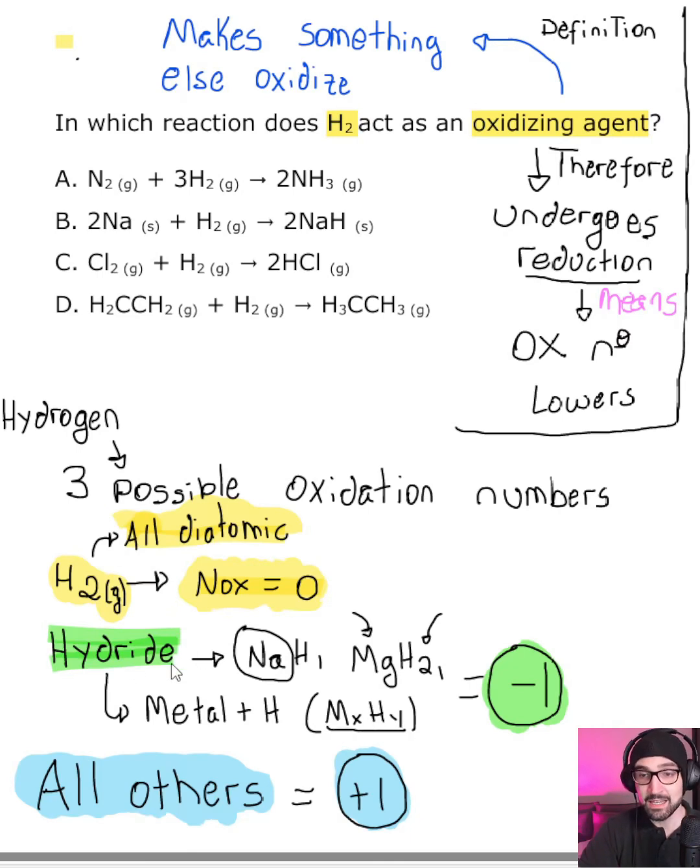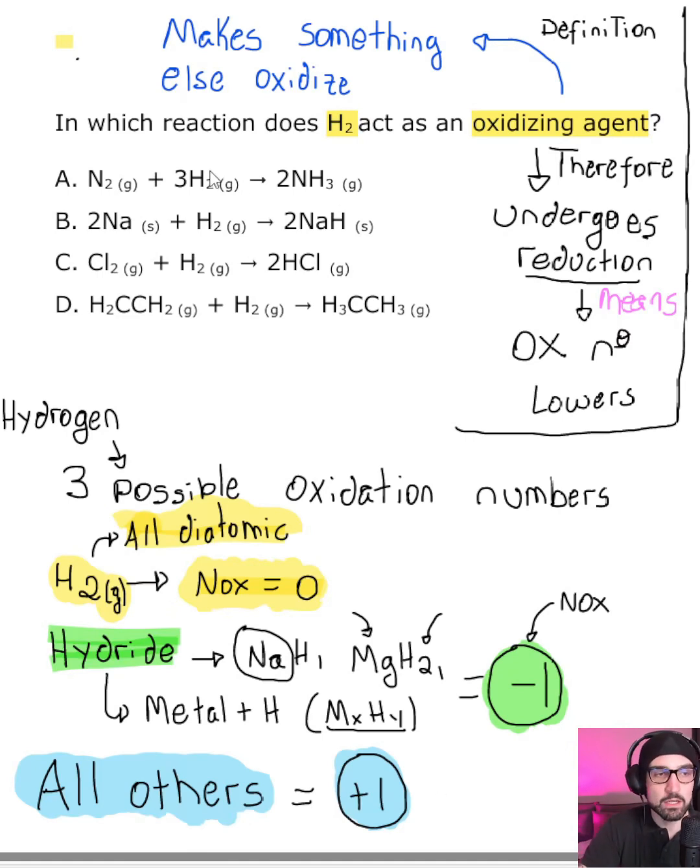In this case, hydrogen in hydrides has the oxidation number of -1. And in all other compounds, literally all other compounds, acids, bases, hydrocarbons, it has an oxidation number of +1.